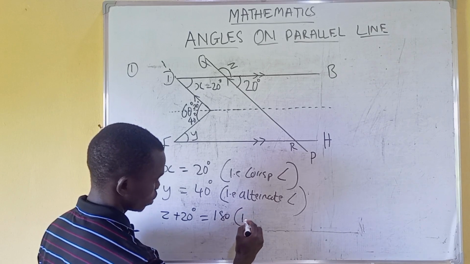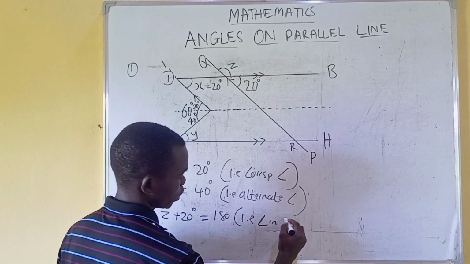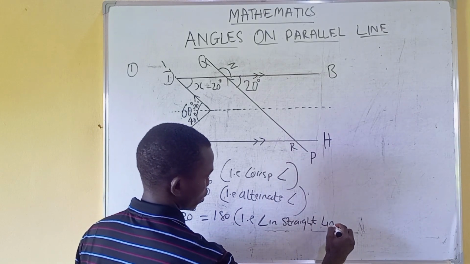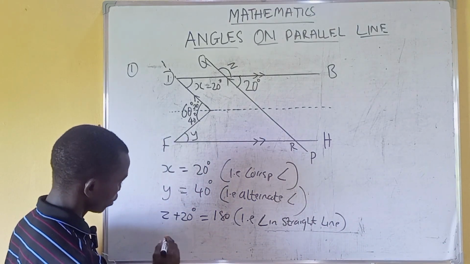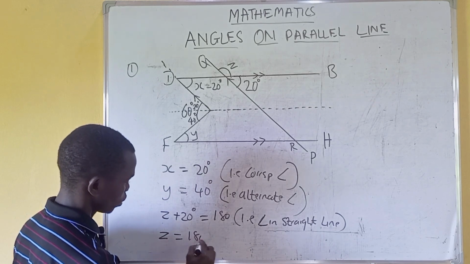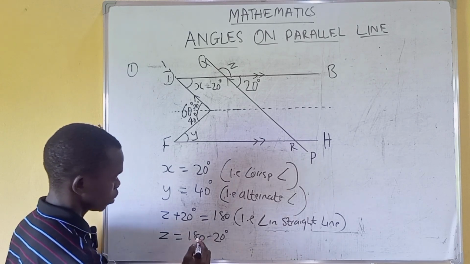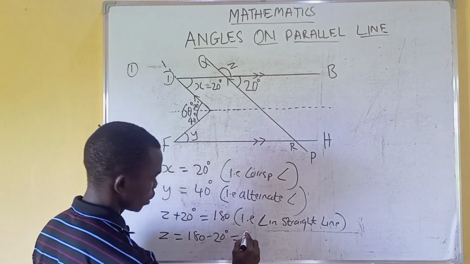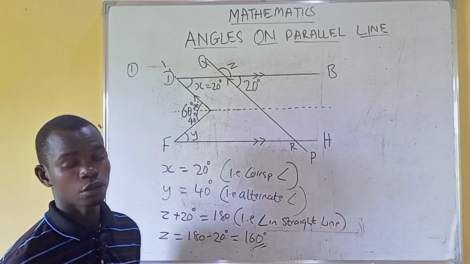That is angles on a straight line. When you make Z the subject of the formula, we have Z is equal to 180 minus 20 degrees, which is 160 degrees. This is our answer to this question.